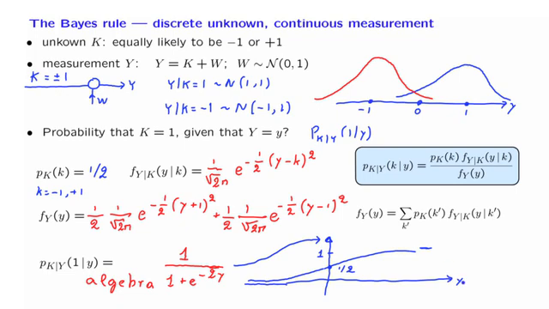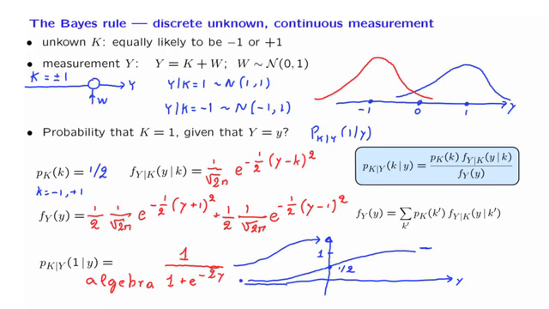If y is very large, it is much more likely that y is coming out of this distribution, so that k is equal to 1. So the probability that k is equal to 1, if we obtain this observation, is almost 1. We have almost certainty. If on the other hand y is very, very negative, then it is much more likely that what we're seeing is coming from this distribution, so that k is equal to -1.